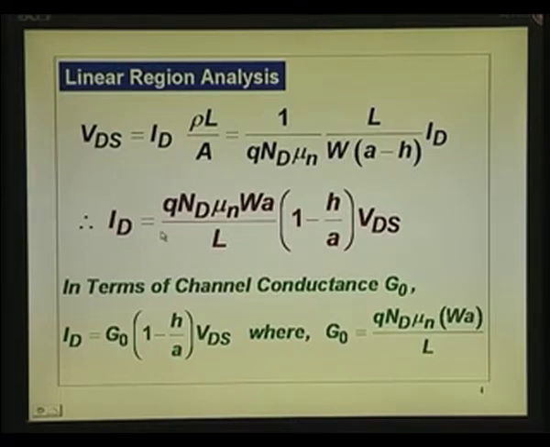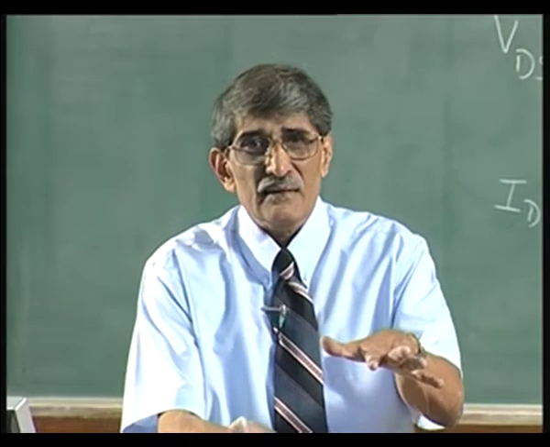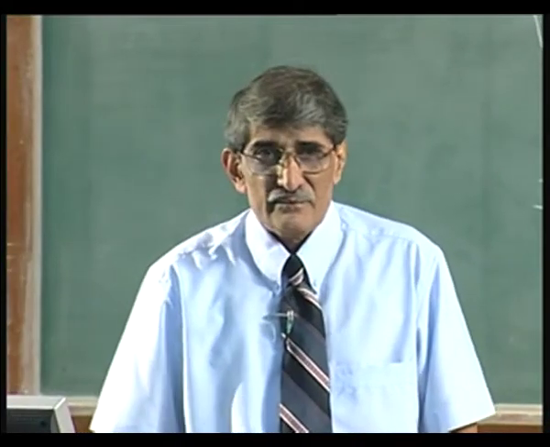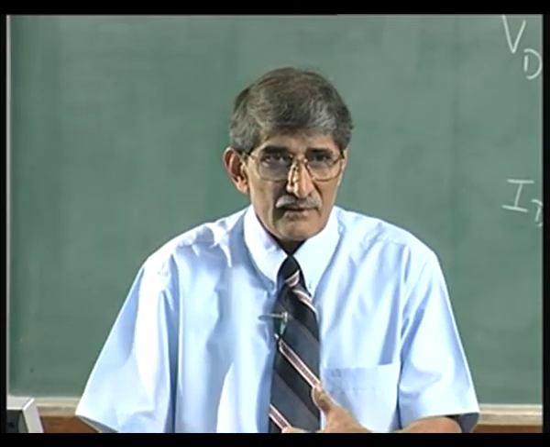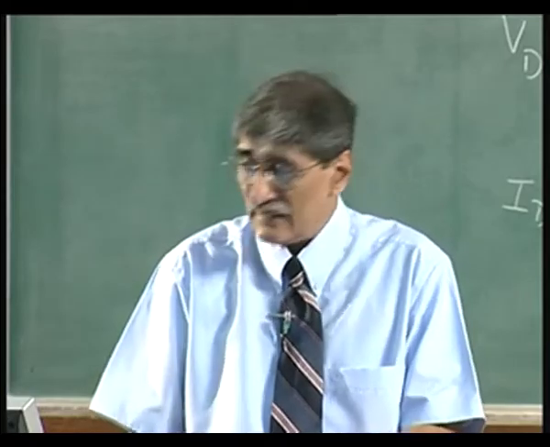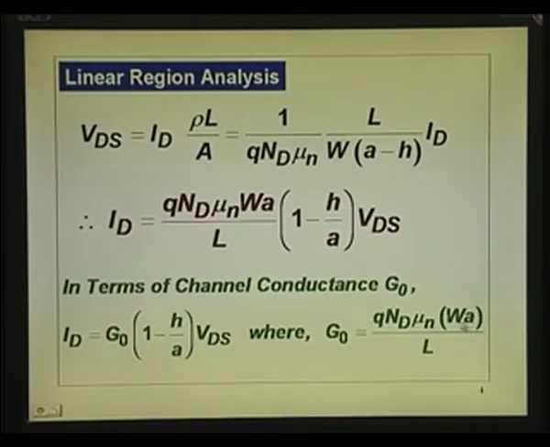If there is no depletion layer, channel resistance would have been 1 by G naught, but it is never that much, it is always higher than that, because it is not A, it is always less than A because of depletion layer. So, once you have got this, you should be able to write what is H, what is C. Now, for that we define one particular term.